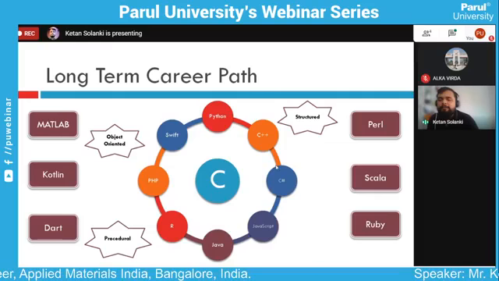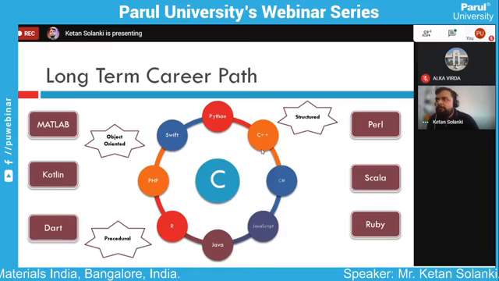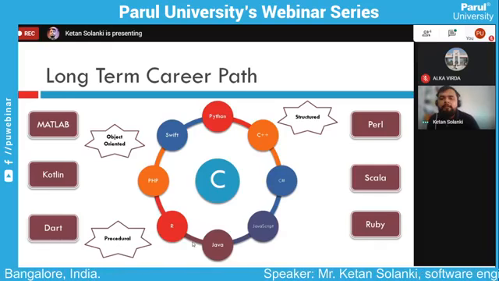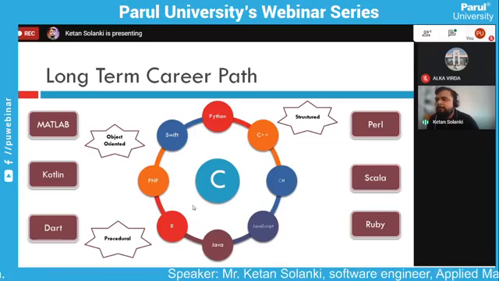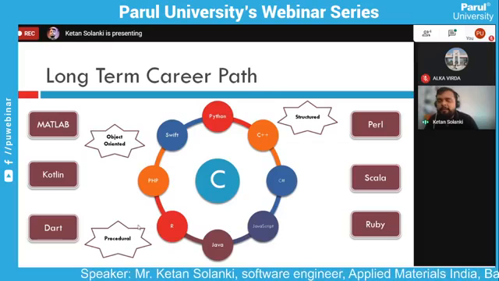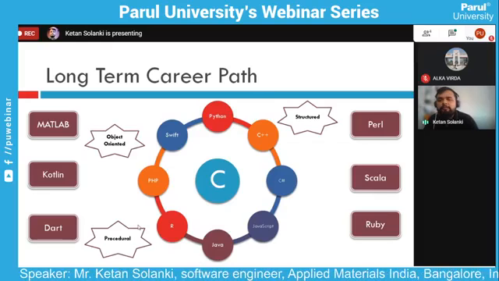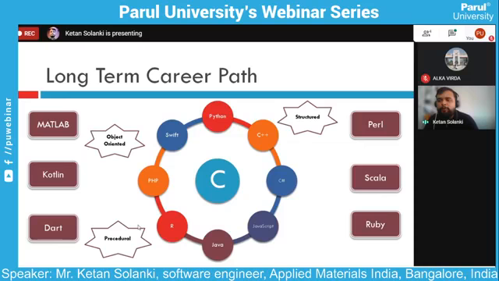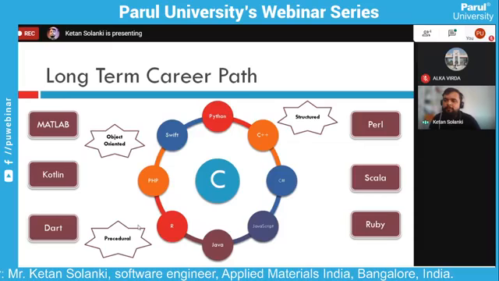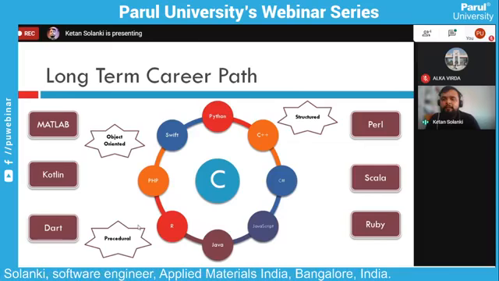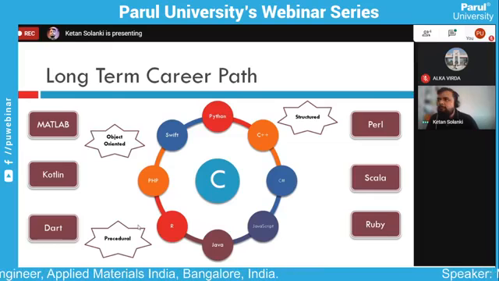Then object oriented programming: C++ and C sharp are object oriented programming languages. And for procedural programming languages, we have Pascal, Basic, and COBOL. Some kind of procedure model is used to develop those programming languages.